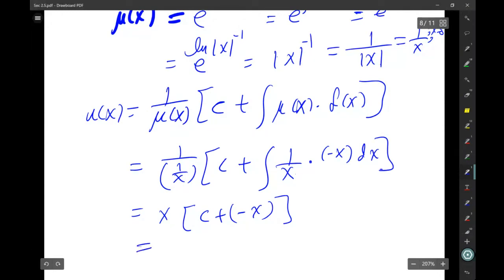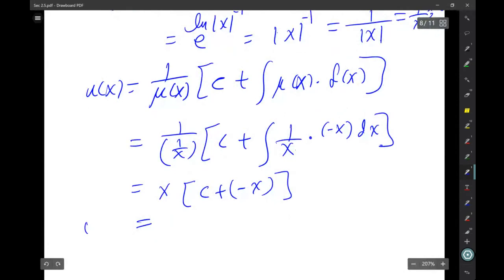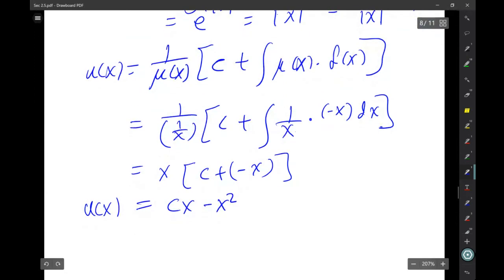So the equation here becomes: u of x is equal to cx minus x square, because u is a function of x.